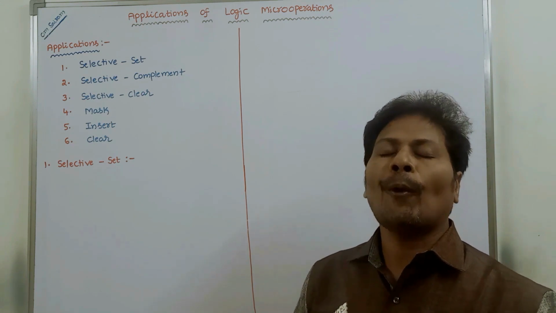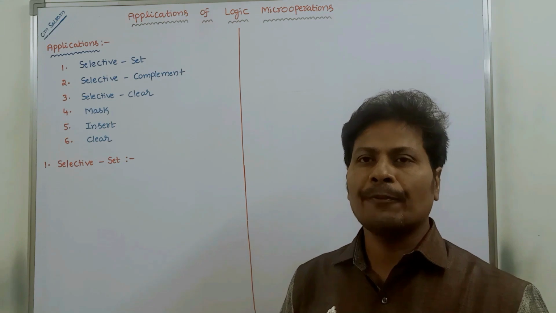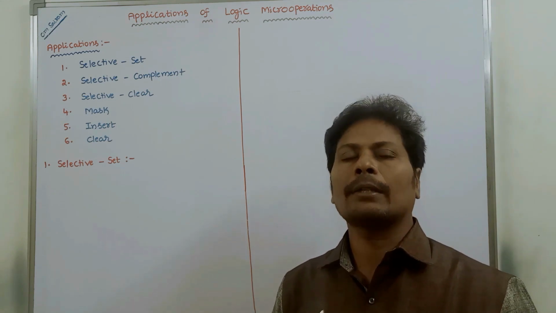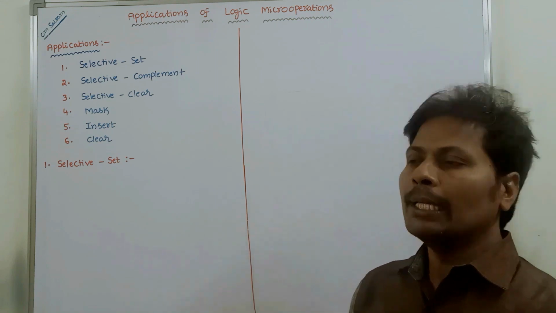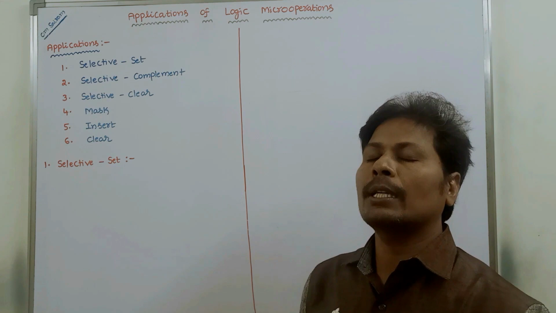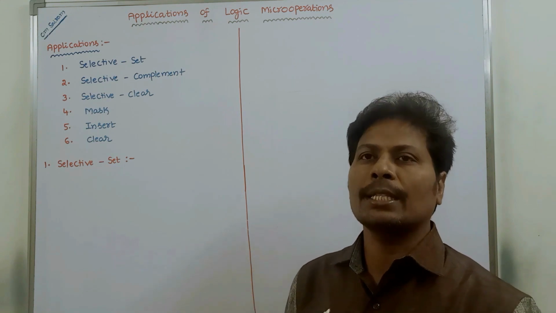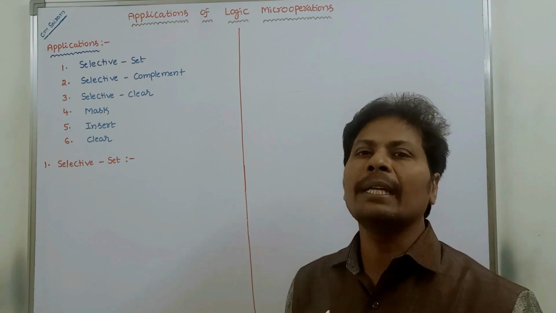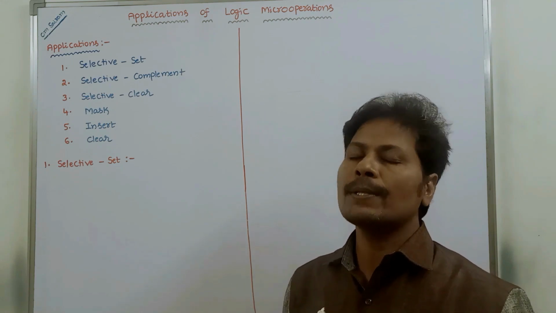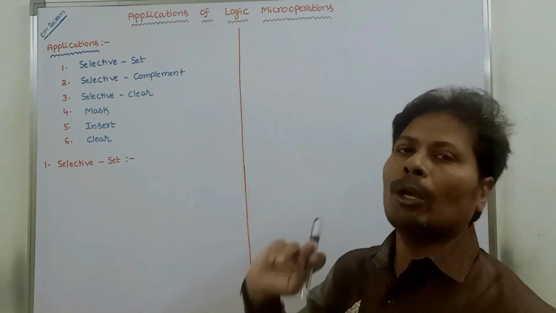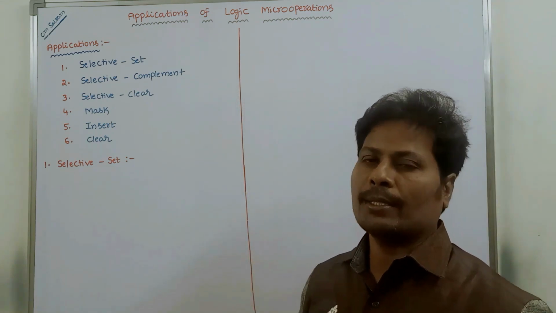Logic microoperations are used for performing bit manipulation operations on the data stored in registers. That means whatever data is stored in the registers, on that data we have to perform bit manipulation operations only. For that purpose, we have to use logic microoperations.